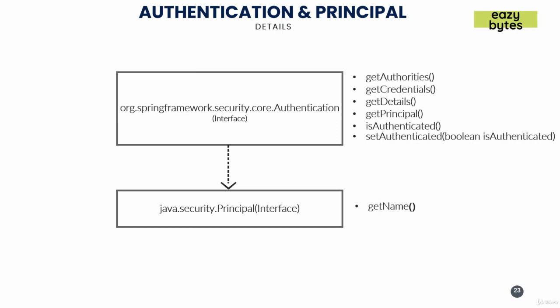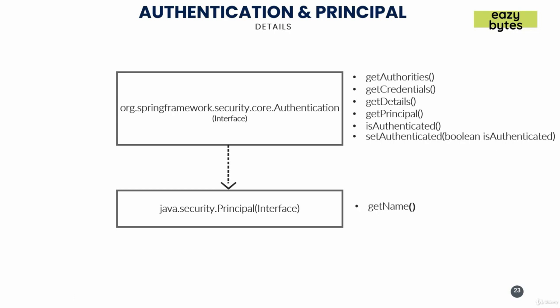interface or object that we have discussed previously, along with the user details service and password encoder. The authentication interface implements the principal interface, which is from the Java API. Principal is an interface from the Java security API and it has only one method, which indicates the name of the user.